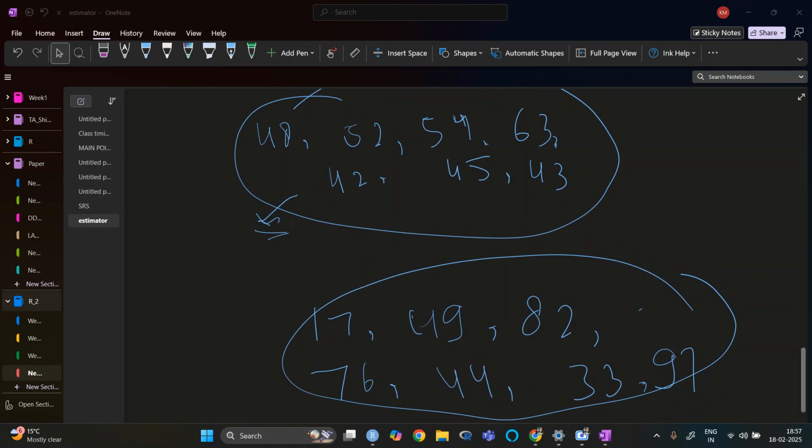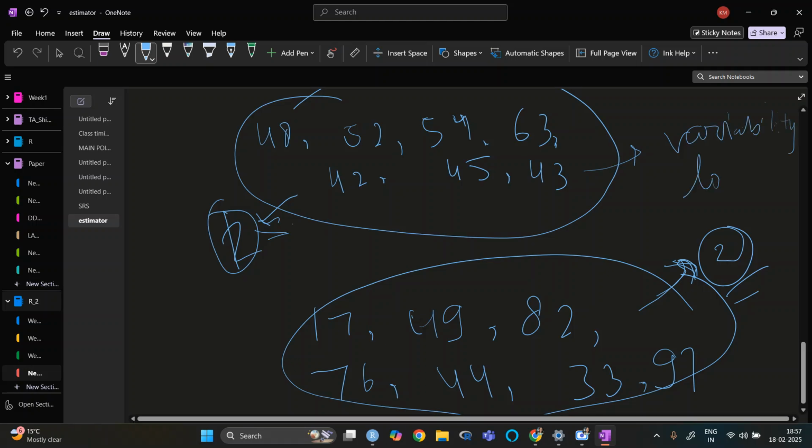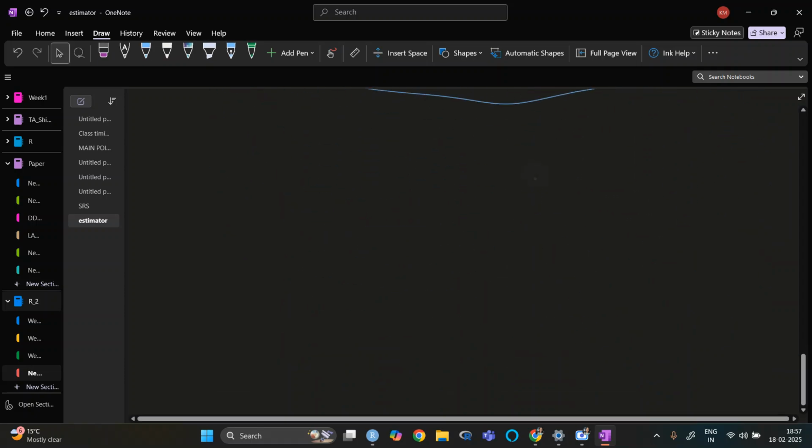So now what we can see here is that we have two samples. This is basically one, and this one is basically two. Here you have the variability low. I'm saying variability as v1, so v1 is less than v2.